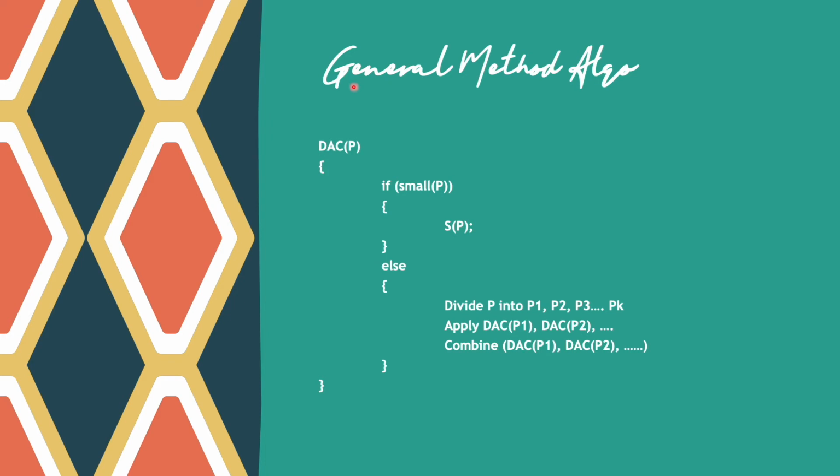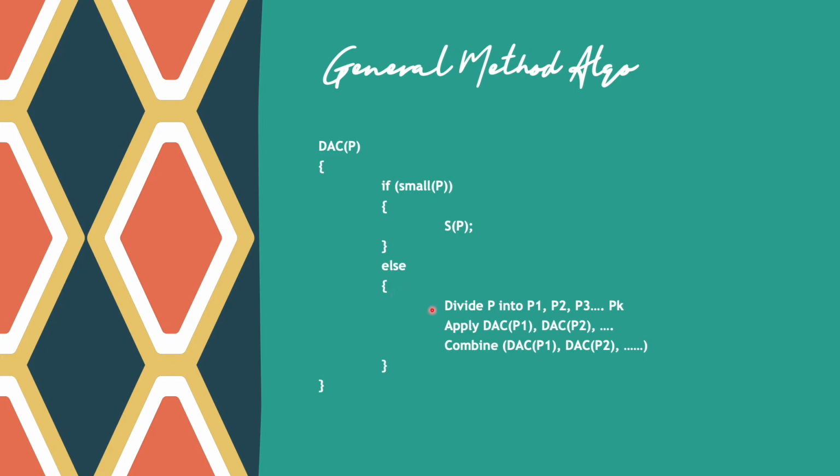Talking about the general algorithm for applying the divide and conquer strategy, first we have to check whether the problem is small or not. If a problem is small, it can be solved very easily with another strategy, and we should go forward with it. But if the problem is too large to solve and too complex to understand, then we should apply divide and conquer.